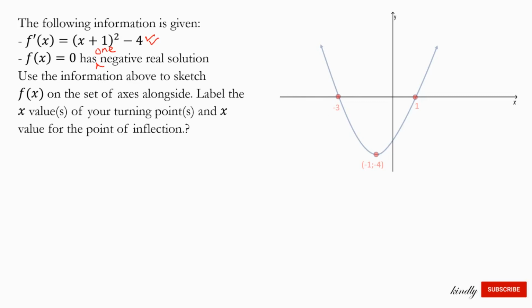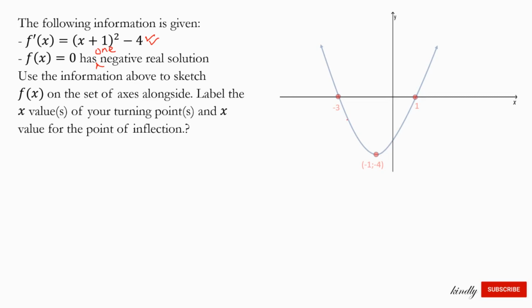The x-coordinates of the turning points of the cubic graph become the x-coordinates of the x-intercepts, and the x-coordinate of the point of inflection becomes the x-coordinate of the turning point of the derivative graph. We have to know that.